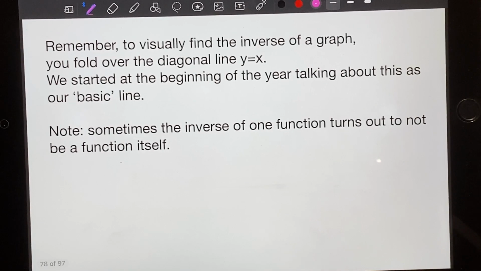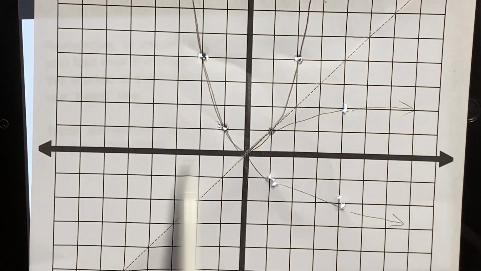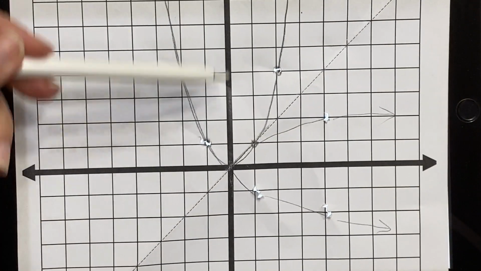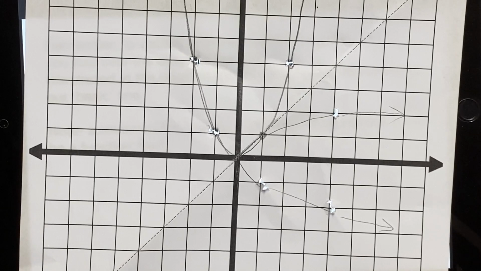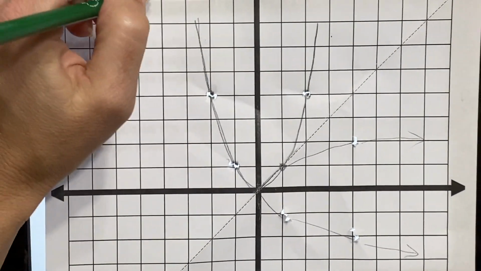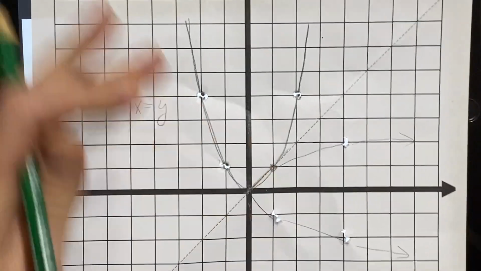of one another. Okay, so our reminder is that as we find these inverses, we are not folding along the x-axis. We are not folding along the y-axis. We are folding along the identity equation. And the identity equation is where x equals y, where they are the same.